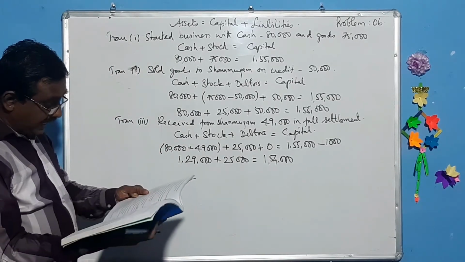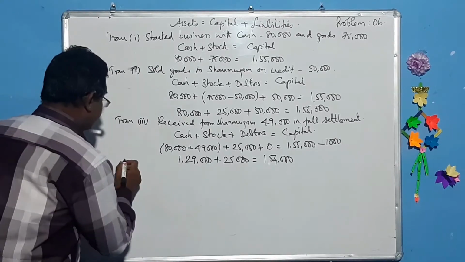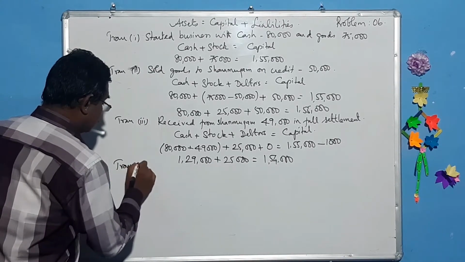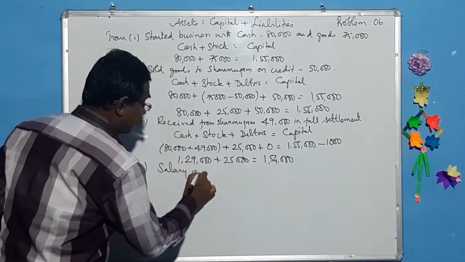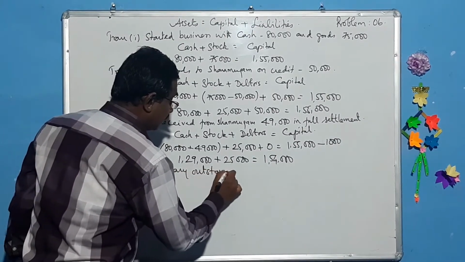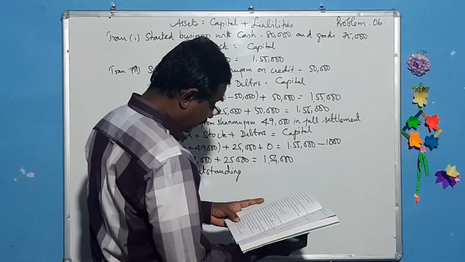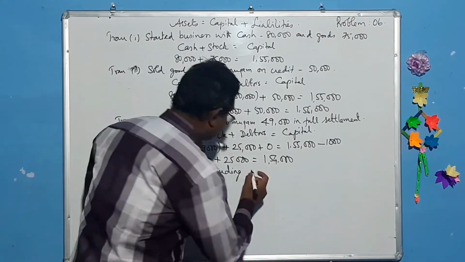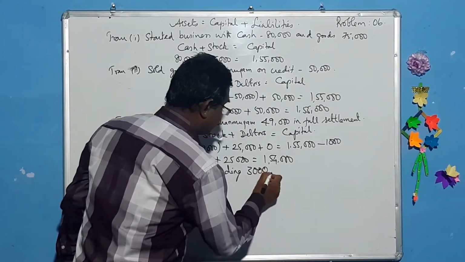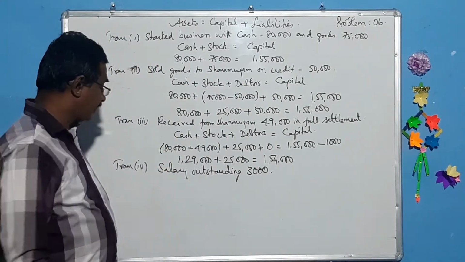Next, salary outstanding 3,000. This should be understood in a proper way.